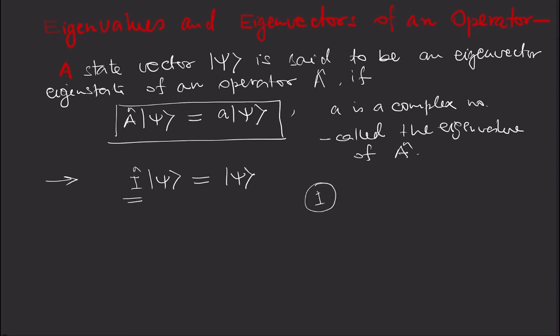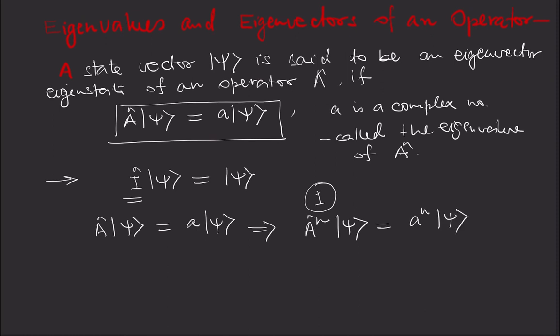Now let us suppose an operator A applied on a ket psi gives an eigenvalue a and ket psi state vector. Then this implies that if we have operator A to the power n applied on ket psi, then it gives the eigenvalue a to the power n with ket psi.